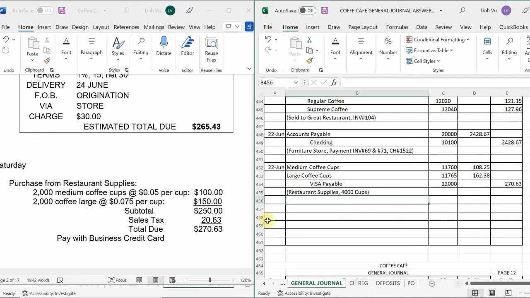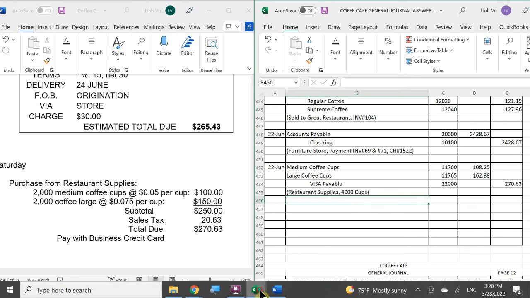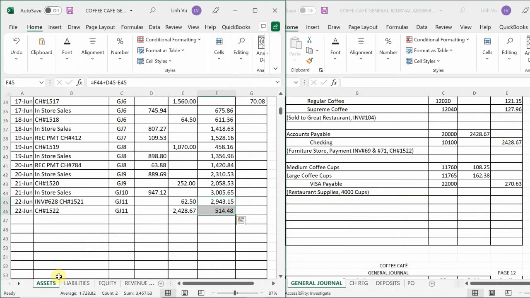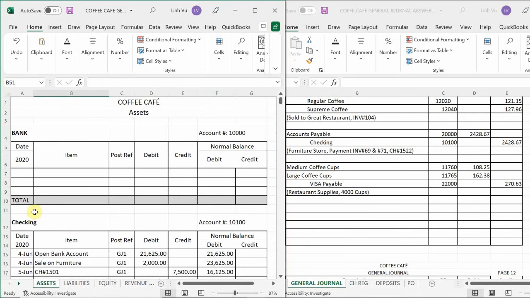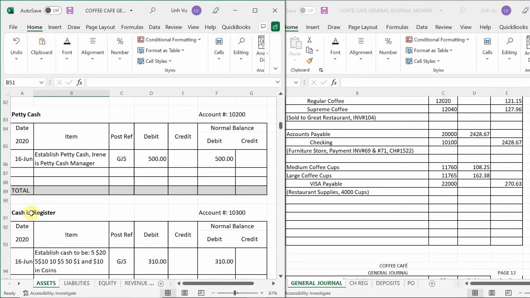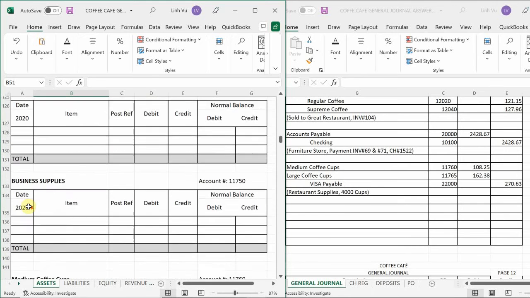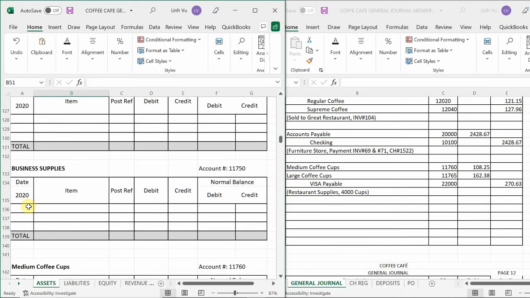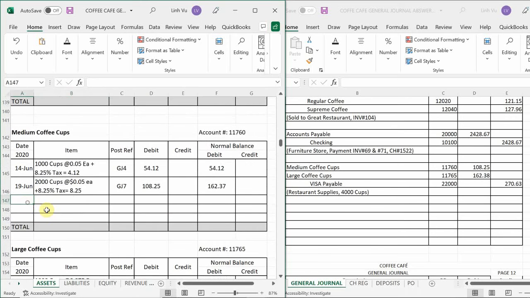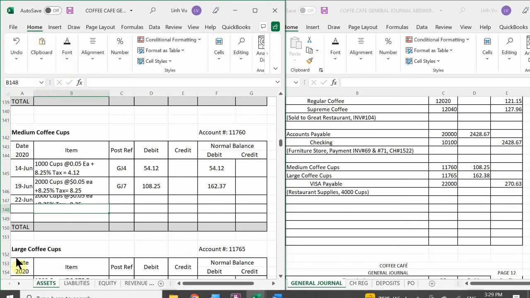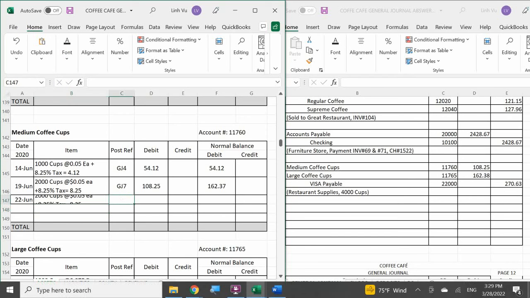General ledger. So in this case, we got to update our business supplies because we just bought 2,000 medium coffee cups at 5 cents each, plus 8.25% tax, which is $8.25.